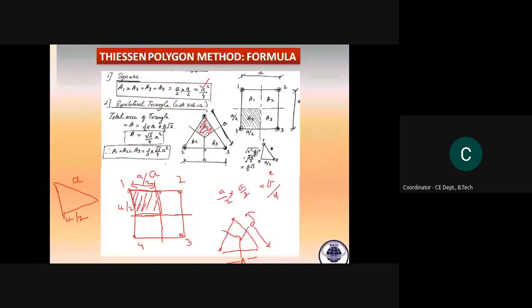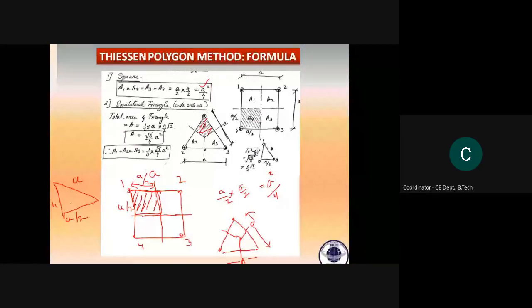Pythagoras theorem. Please everyone calculate and tell me the value of this height. See, the base is A by 2, the hypotenuse is A. Now what is the height, the perpendicular value? This is the value of h.